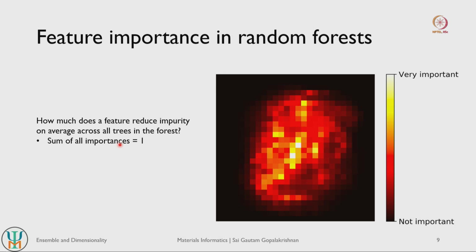This is often used to fine tune or to get lighter models. You create a random forest model, identify important features, and then use that subset of features to create a better model, maybe a better random forest model or a decision tree model or a support vector machine model and so on. So feature importance comes up fairly straightforwardly from random forest models, and this can also be calculated fairly easily with scikit-learn.